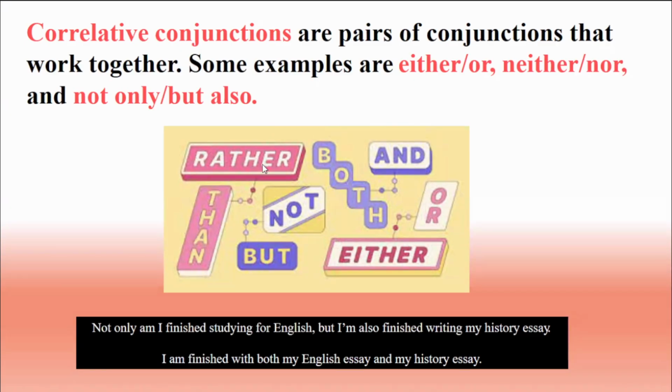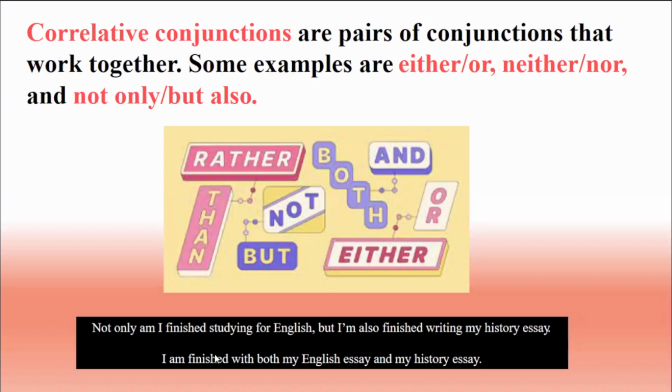Okay. Not only am I finished studying for English, but I am also finished writing my history essay. Right. Not only, but also, you can use. I mean, not and but can be used like both and. Not only have I finished studying for English, but I also finished writing my history essay.